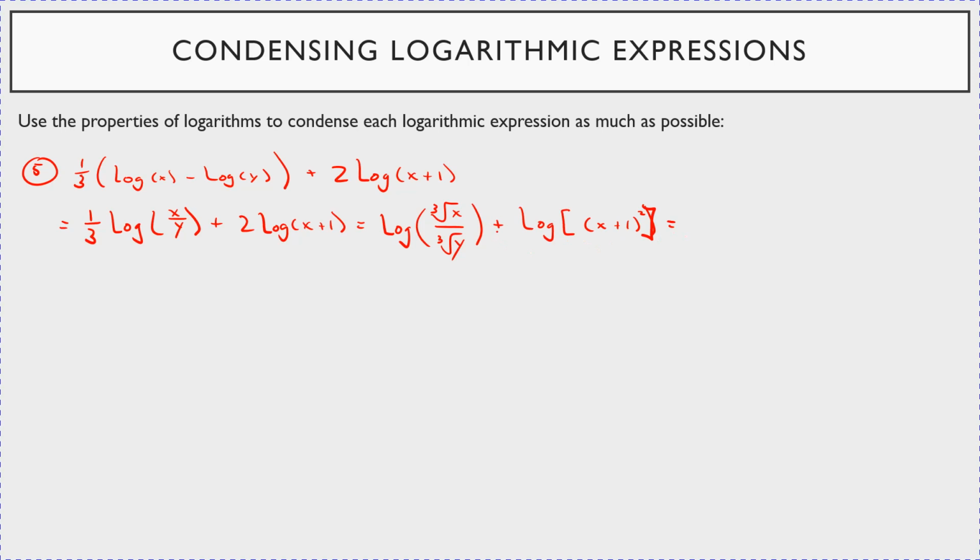And then you're going to condense this. The plus sign means multiplication, so when I multiply, this goes up into the numerator. So this just becomes log of the third root of x times x plus 1 squared, all over the third root of y. Literally like that.